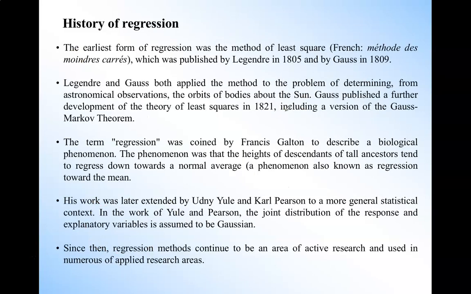right? So we go back a little bit to history. It sounds like a history of economic thought, but history is also important as good information for the future. We learn from the history so that we know what to do. The earliest form of regression was the method of least square, and this is nothing new.